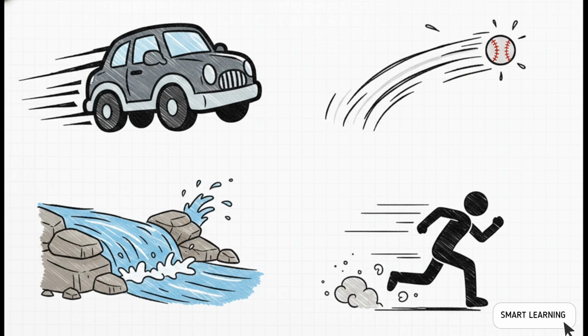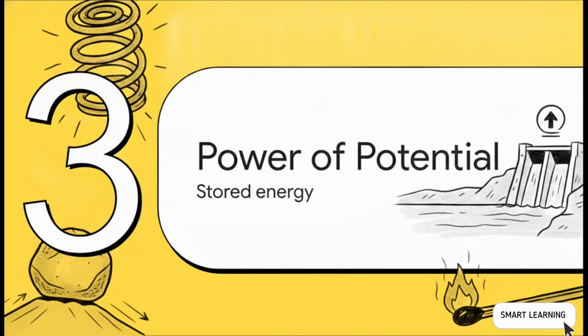What about flowing water rushing down a riverbed? That's mass and velocity working in perfect harmony. Or even just a running athlete sprinting down a track. That human body in motion is a perfect, real-world vessel of kinetic energy. Ultimately, it all just comes down to the mass of the object and how fast it's moving. Let's move to our next core concept and see how this builds.